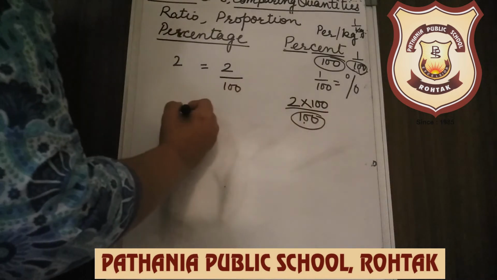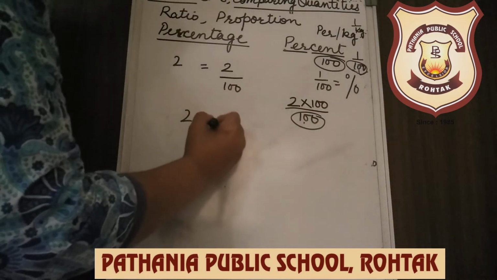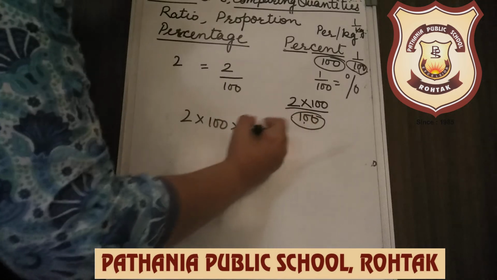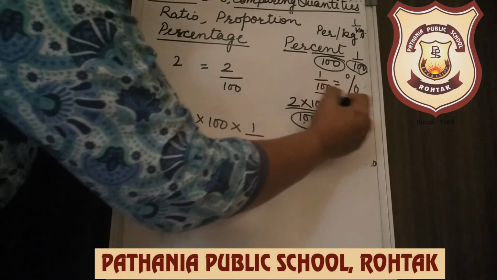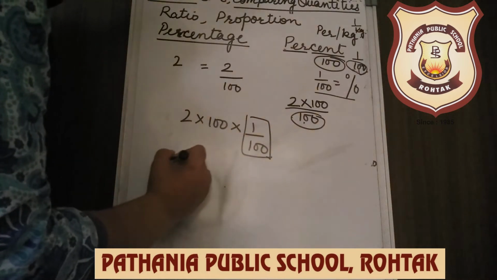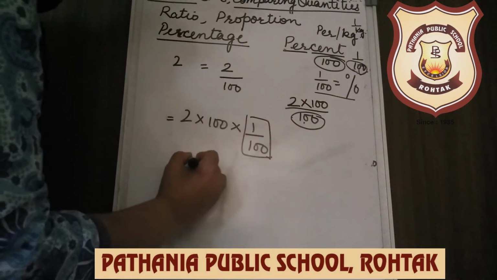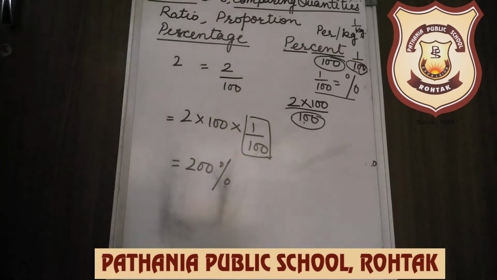Now this 100 you are not going to touch. I will write this 100 as it is, and I am writing this 100 as 1 upon 100. And what I told you, this 1 upon 100 means the sign of percent. Is this clear to everyone?